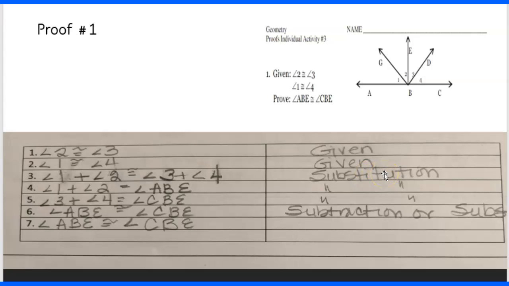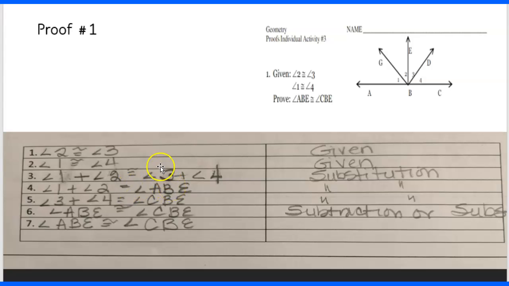You could also probably use something with linear pair, but I felt like it was easier just to put in substitution. I don't have any numbers yet, and that's not necessarily what I'm going to be able to find out, although I do know that this is a straight, well, I don't know that this is a straight line. I'm going to make some assumptions, but I don't need any numbers here.